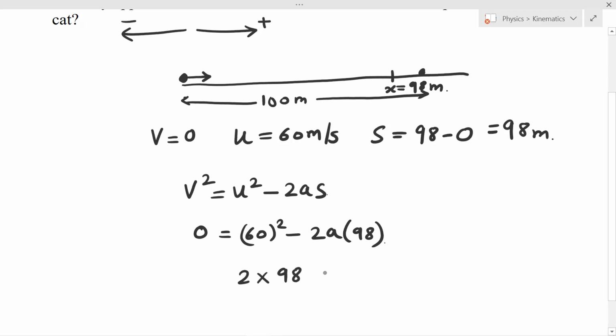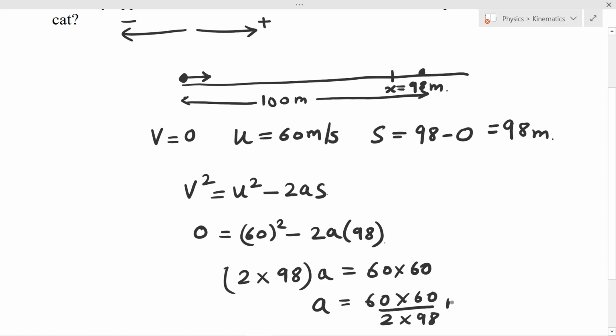This is 2 into 98A. I have taken it on the left side, and this is 60 into 60. So this becomes A is equal to 60 into 60 divided by 2 into 98 meter per second square.